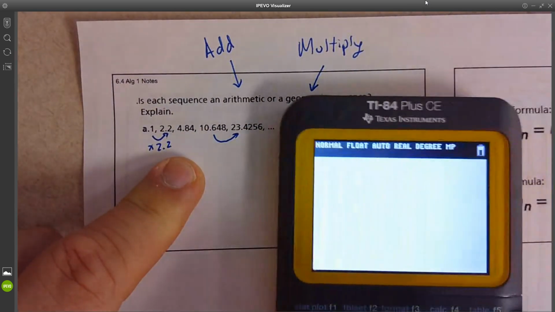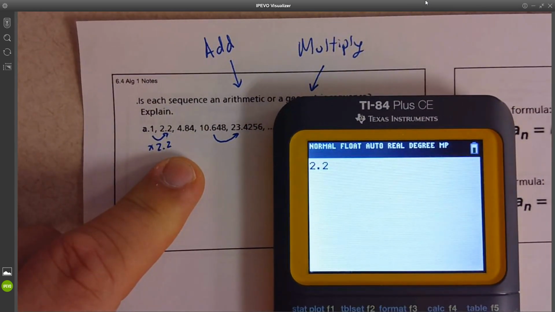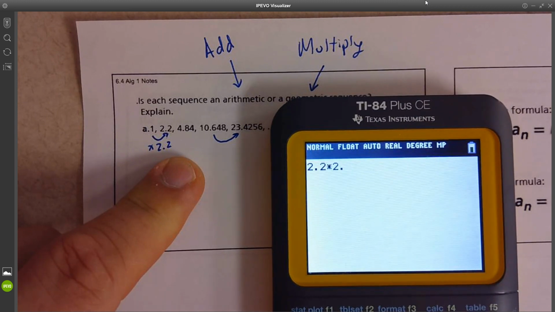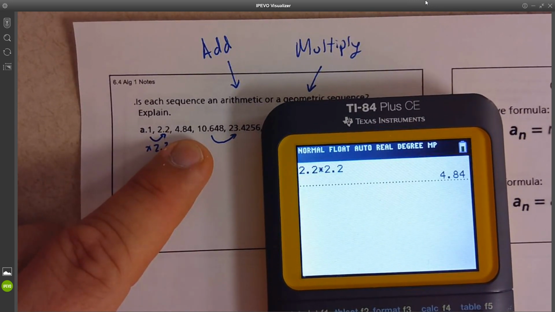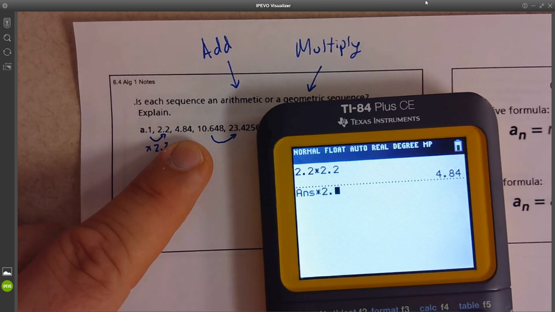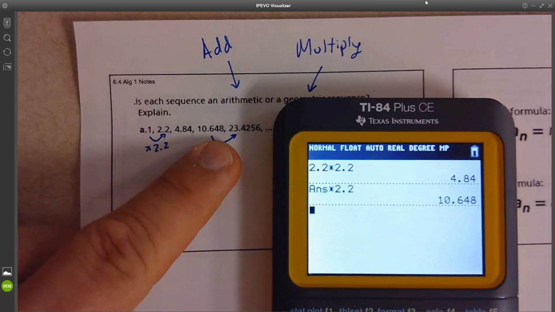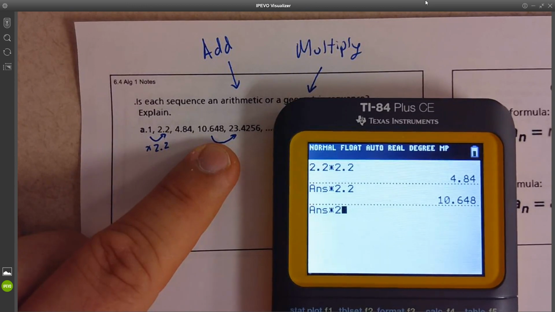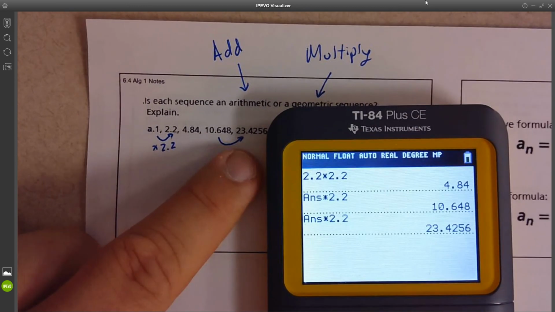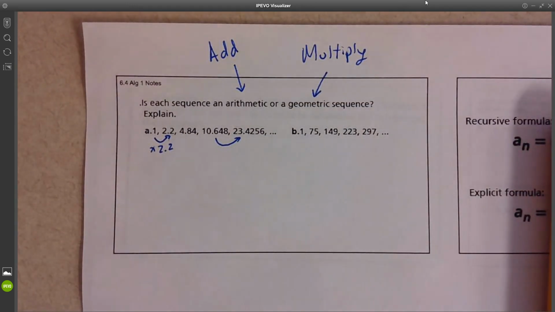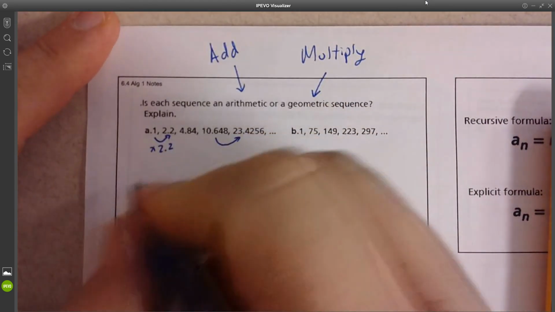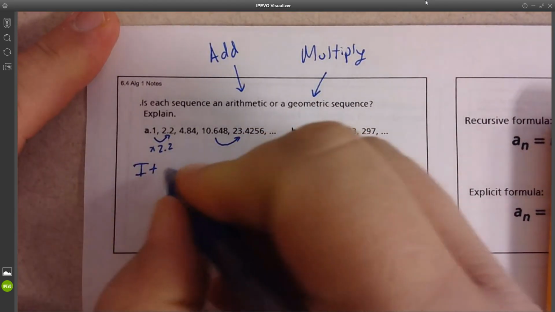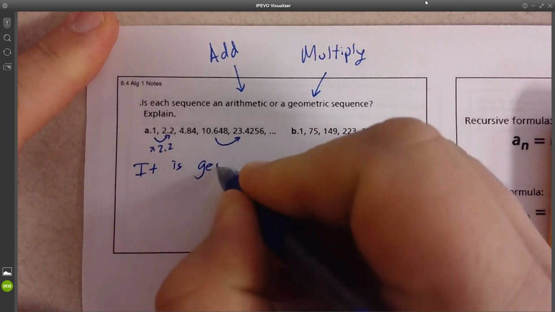And then I can go to the next one and say, well, what is 2.2 times 2.2? And it gives me that. So far it looks like it's working. And then if I times that by 2.2, it gives me that one. And just for funsies, it gives me that next one. So this is geometric.